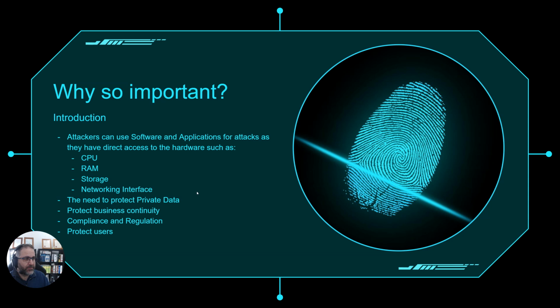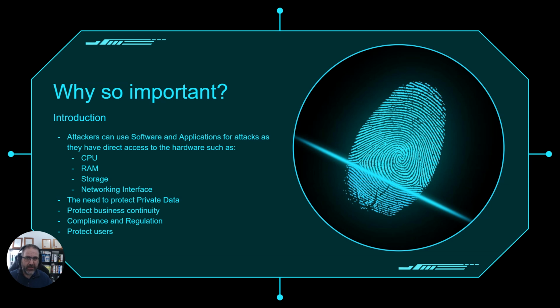So that's really bad for us as normal everyday users. Also, we need to protect our private data. Again, if hackers or bad actors find a way to break our programming code, they can also find ways to the data that's supposed to be encrypted, supposed to be hidden. That's also not great. Also, we want to protect our business continuity.